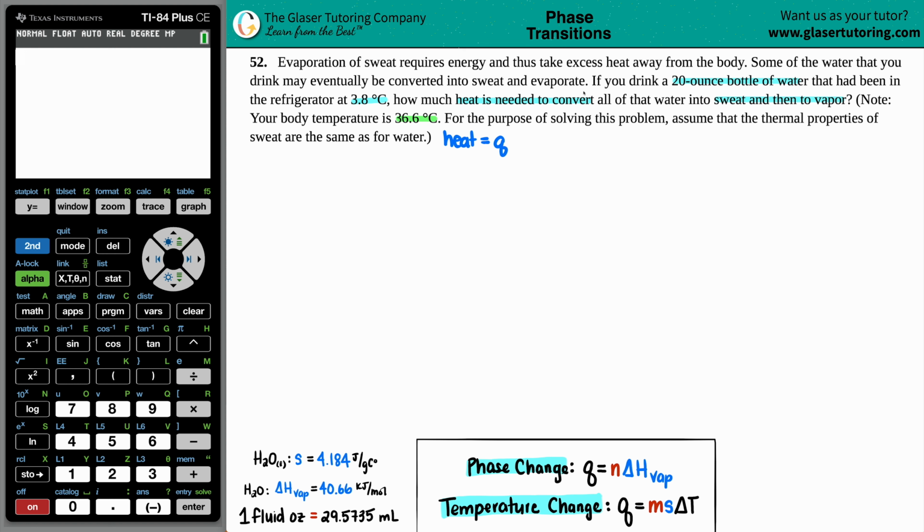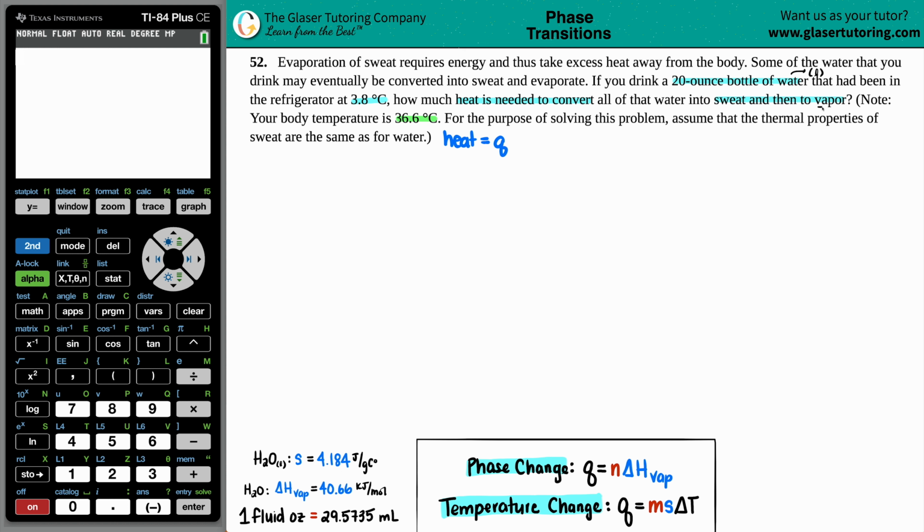In this case, we are starting off with a 20-ounce bottle of water, and that is going to be in the liquid form. We know that it's liquid because it's above the melting temperature, which is 0 degrees Celsius. So we're at 3.8 degrees Celsius. So we're starting off with liquid, and then we're converting it into sweat, and then to vapor.